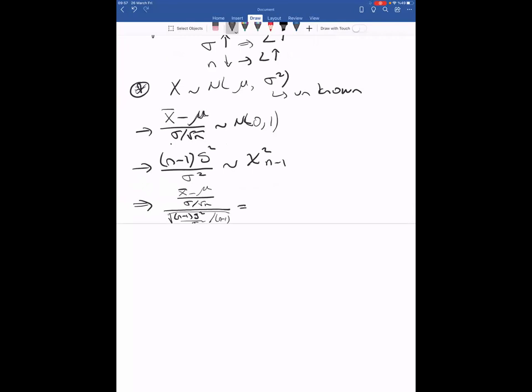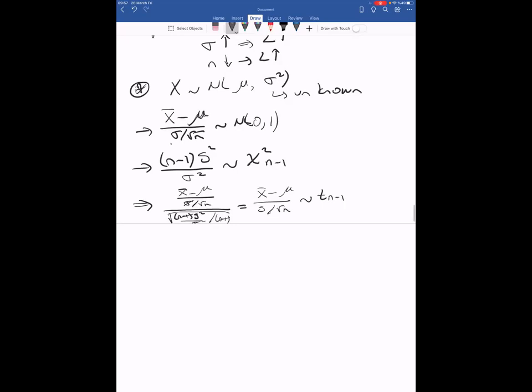Now this sigma and this sigma will cancel out, this n minus 1 and this n minus 1 cancel out, and we will have s over square root of n. Now we know that this is T distributed.